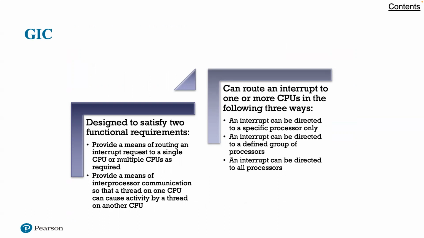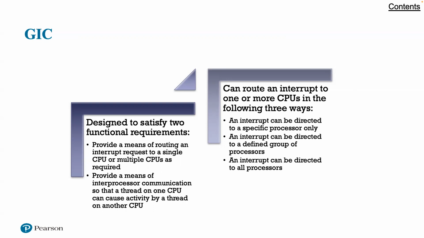First, to provide a means of routing an interrupt request to a single CPU or multiple CPUs as required. And second, to provide a means of interprocessor communication so that a thread on one CPU can cause activity by a thread on another CPU.